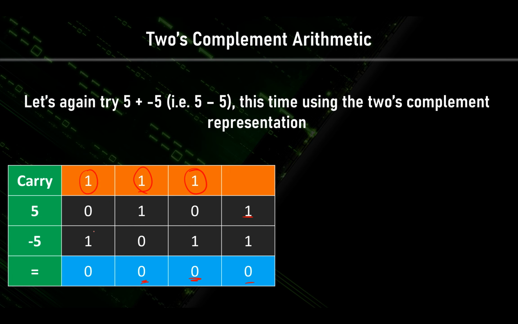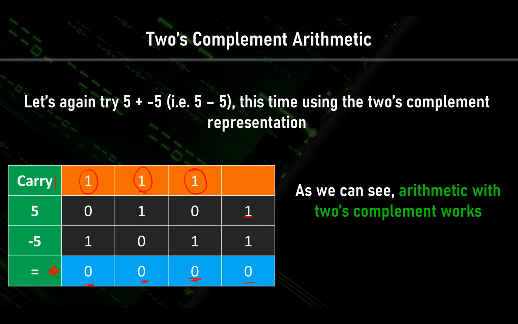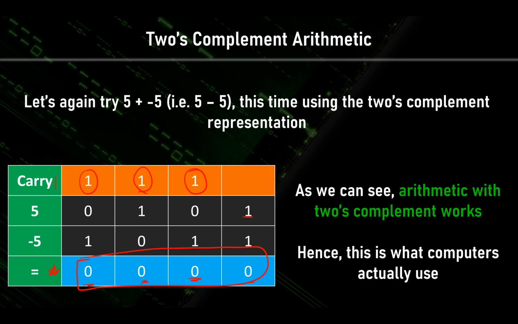And then here again, 2 1s, 1 plus 0 plus 1, sum is 0, carry the 1. Again, this is going to result in overflow, but as mentioned, we just ignore that overflow. Then in this case you can see this is working, because 5 plus negative 5 just equals 0, as we can see here.